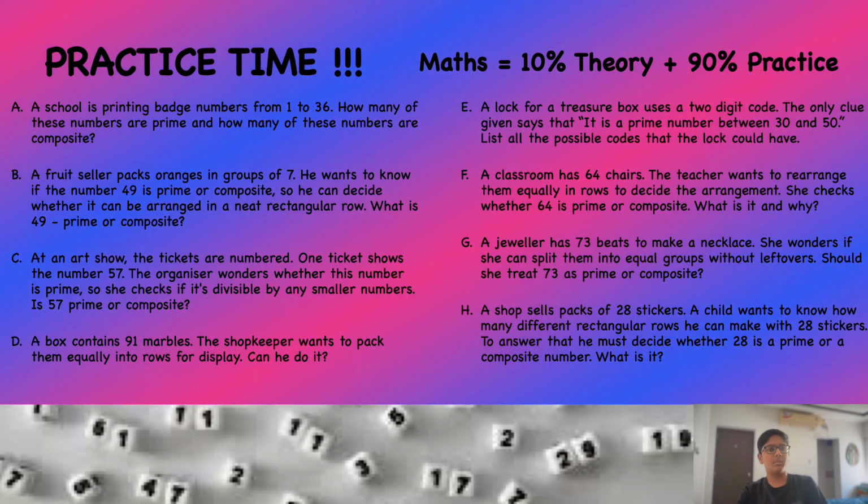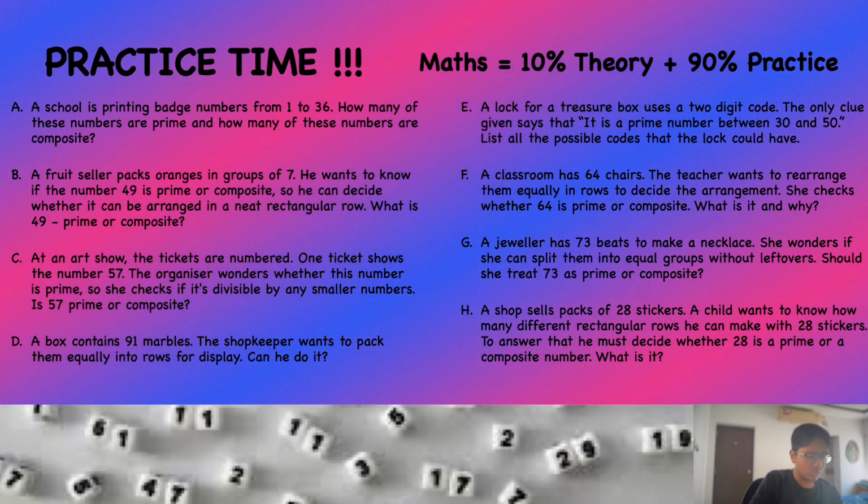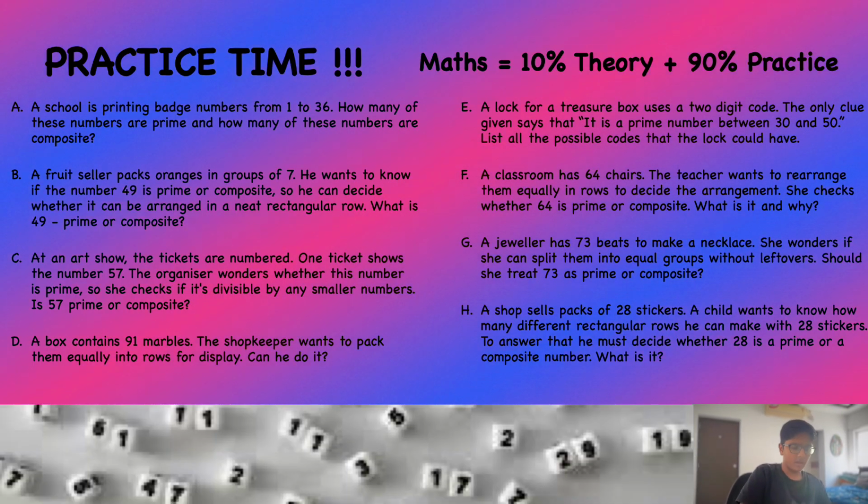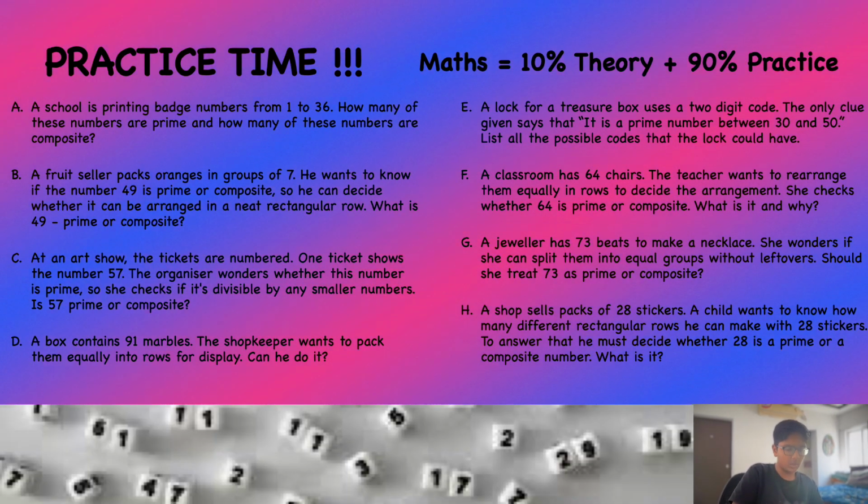How many of these numbers are prime and how many of these numbers are composite? Now we know that 1 is neither prime nor composite. So 2, 3, 5, 7, 11, 13, 17, 19, 23, 29, 31, 37, and so 37 won't come because it's still 36.